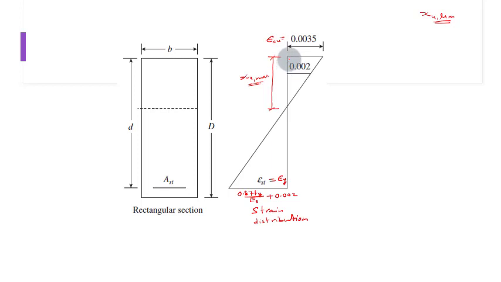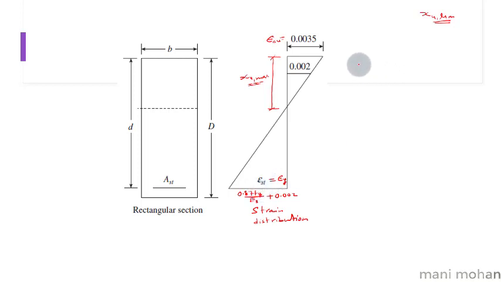So the strain in concrete has reached its ultimate state. Here also the strain in steel has reached the yield strain. So what you can observe is that the strain in concrete has reached its ultimate value and strain in steel has reached the yield strain simultaneously.